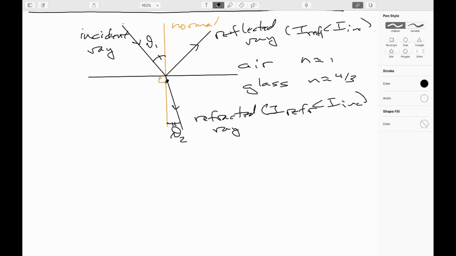It's just a flat out change of direction. And we'll see how that is when we get to applying Huygens principle to this. Anyway, it turns out that the angles are given by what's called Snell's law. It says that n1 sine theta 1 is equal to n2 sine theta 2.